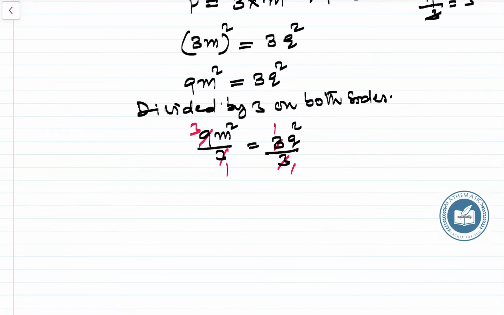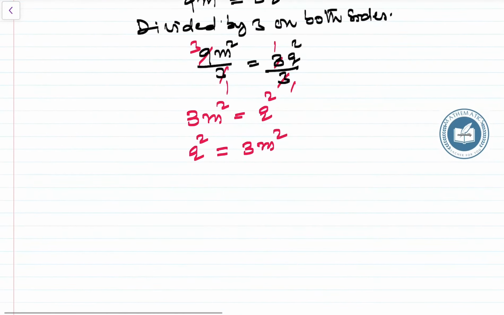So here we can write 3m square is equal to q square. Now rearranging the terms, q square is equal to 3m square. Now here you see q square is also written as the product of 3 and some other number, 3 into something, 3m square.